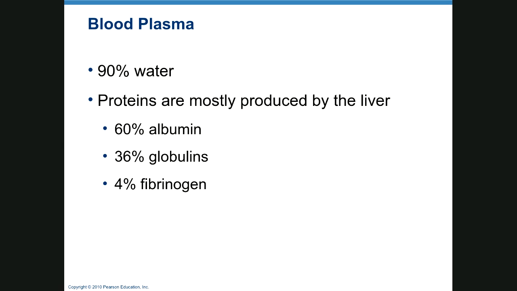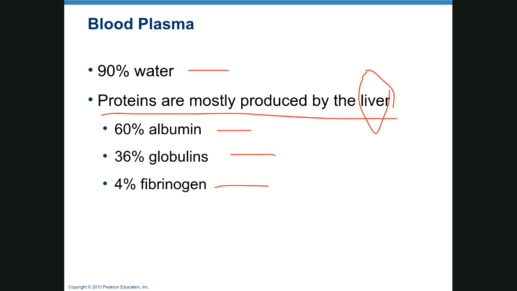Plasma is 90% water. Proteins are made by the liver: 60% albumin, 36% globulins, and fibrinogen, which is for clotting, 4%. Now, these plasma proteins made by the liver are essential for keeping water pulled osmotically into the bloodstream.